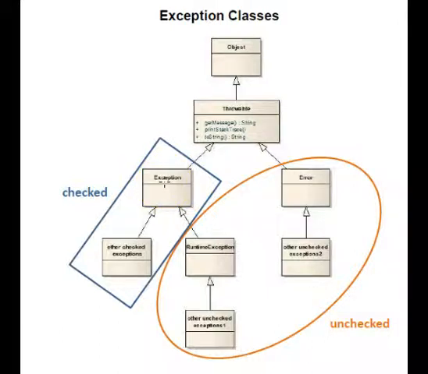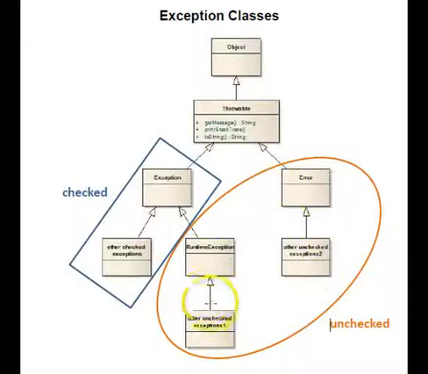Exception itself and any of its subclasses, however, are checked exceptions, and the rule for them is that they must either be caught in a handler, or if they're not caught, they must be specified as being thrown from functions where they can occur.